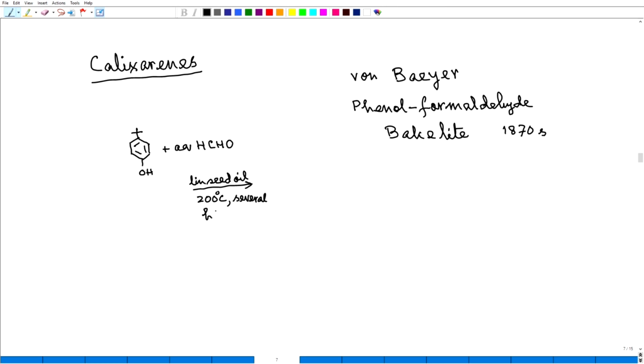So, reflux para substituted phenol with aqueous formaldehyde for several hours, sometimes days also, then under basic condition you get a mixture of macrocycles. And these are called calixarenes.